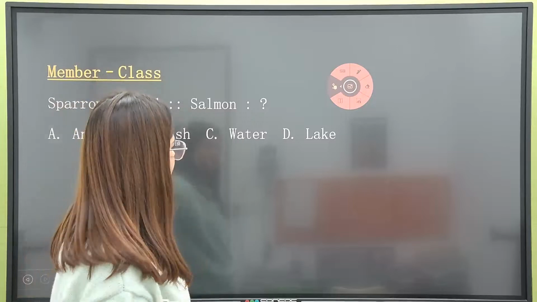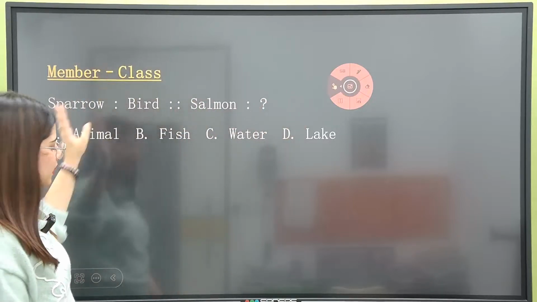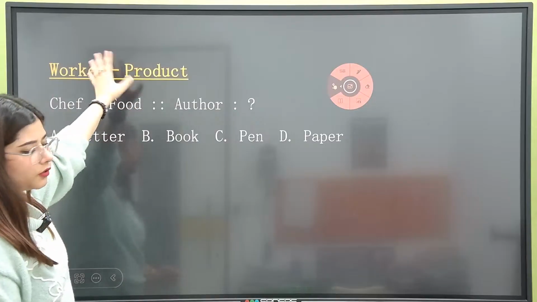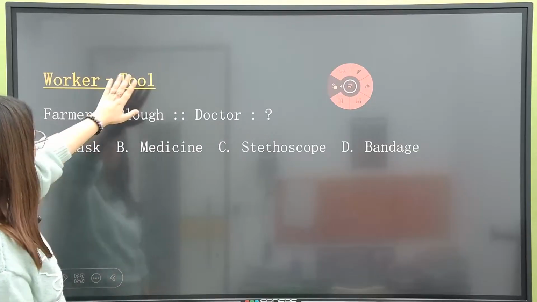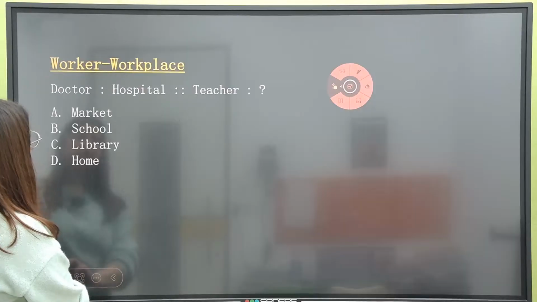I've not mentioned the reverse cases for all. So class to member is also possible, product to worker is also possible, tool to worker is also possible. So the reverse is also possible.